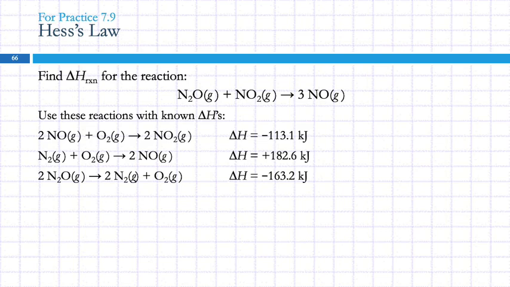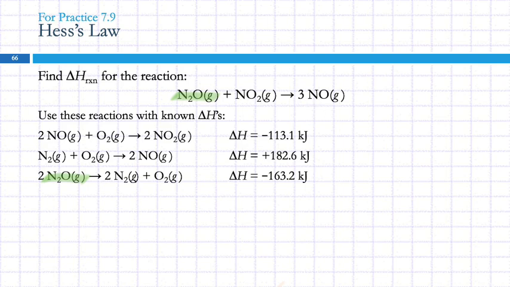So how do we do this? I need to figure out how I can add these 3 equations together to get this. So I'm going to do a little bit of highlighting here. I'm going to highlight all the N2Os as green, because there are N's and O's everywhere. And it ends up with 3 NOs, my favorite molecule.